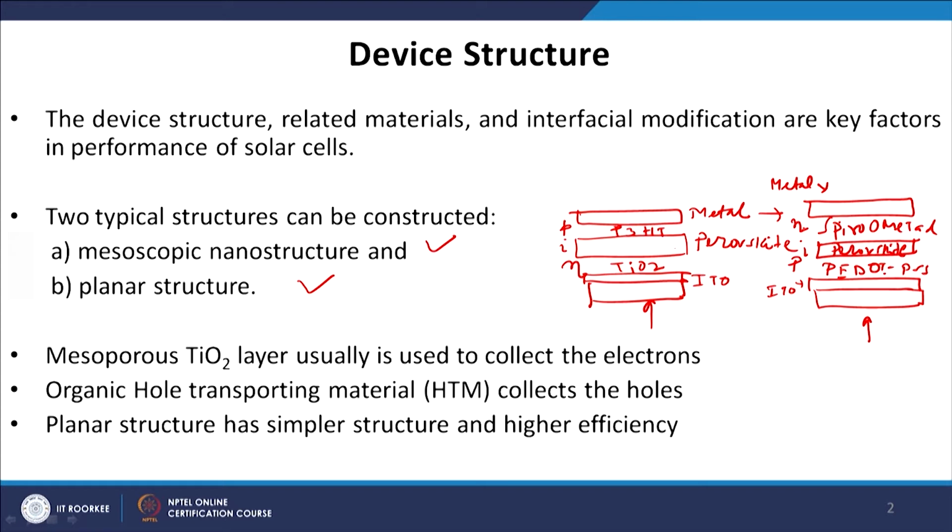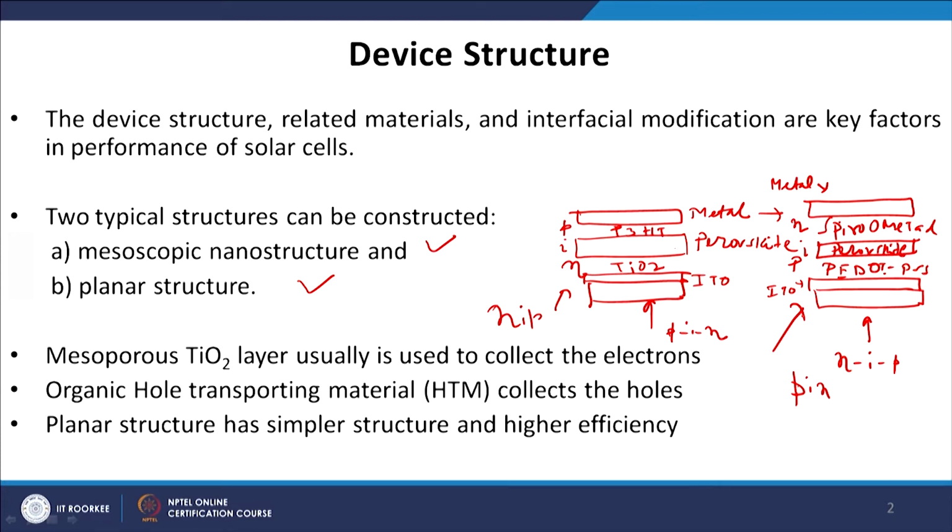So, now consider there are two different geometries, one is PIN and another is NIP, or I think it is the other way round. This was NIP, and here what we have drawn is the PIN.